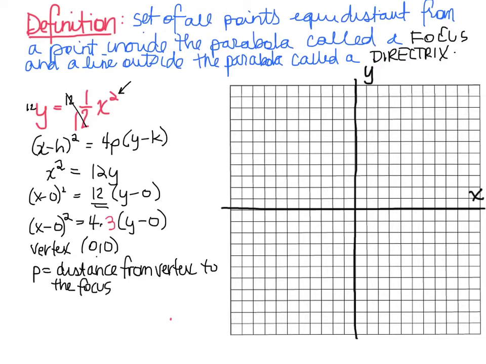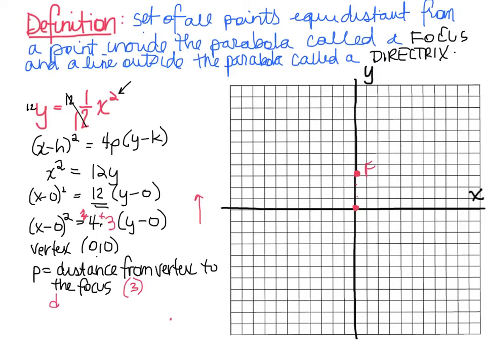So I'm going to put the vertex on, and then I know this is an x squared, and it's positive. This is a positive 4, and so actually it's a positive 3, because the 4 is always positive, so I'm looking at the 3, it's positive, so it opens up. So my focus is 3 units up. That's my focus. This is my vertex.